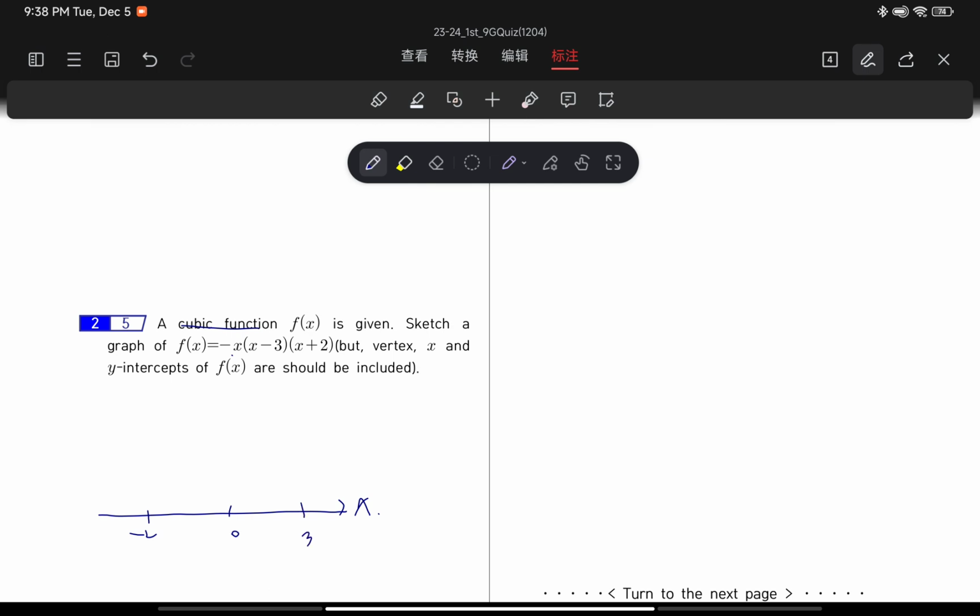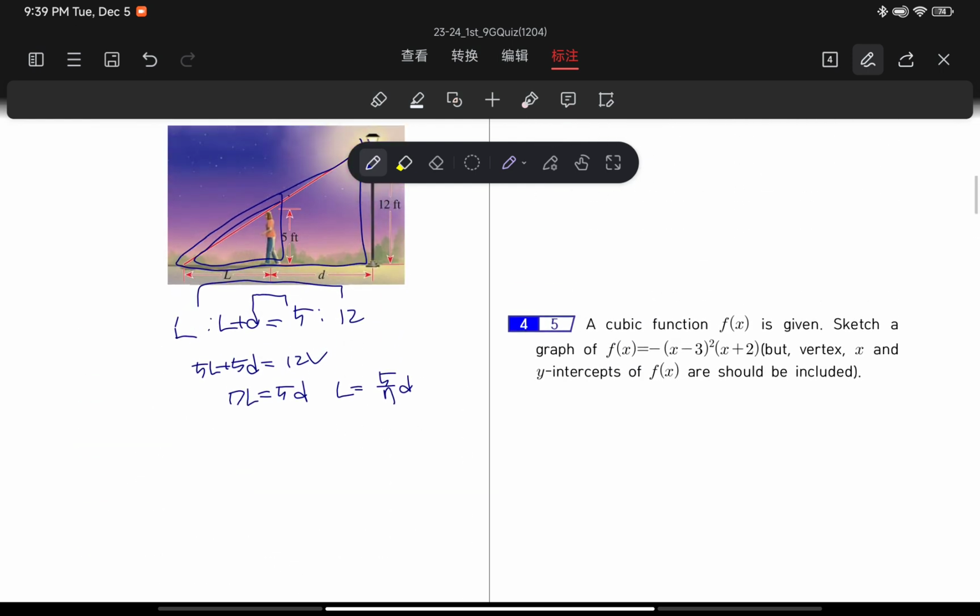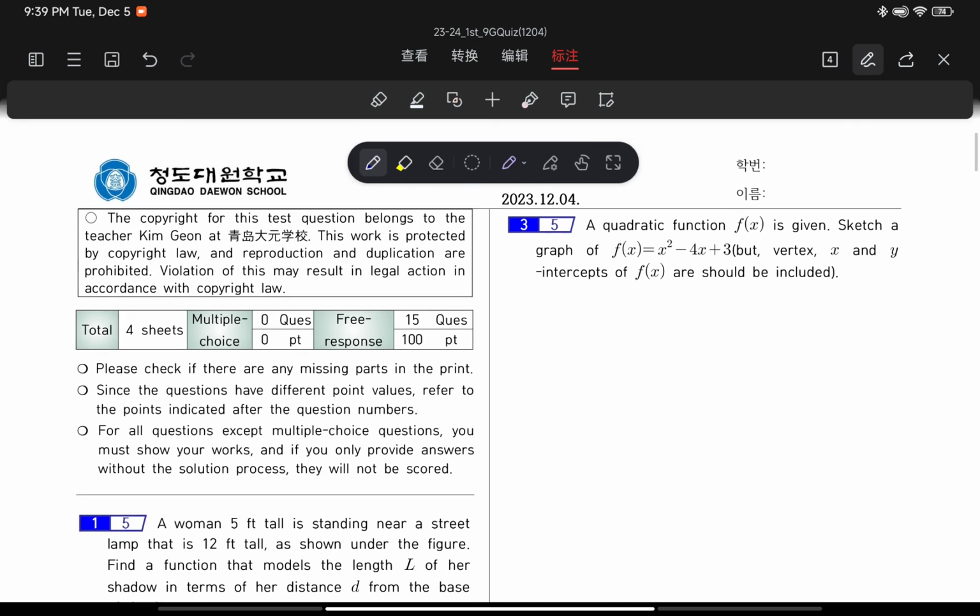Put x equal to 0, then y is also 0. So this function passes through the origin. And all these terms are linear. So it passes through negative 2, 0 and 0, 0 and 3, 0. That's it.